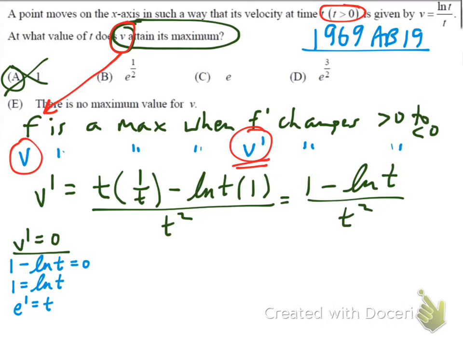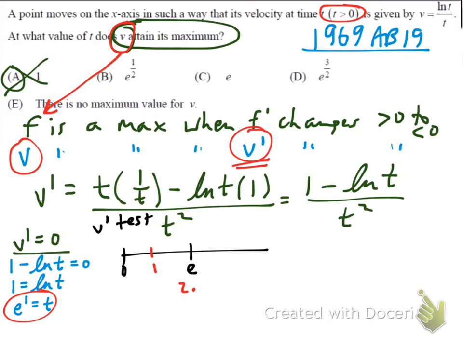All right, so that's our only critical point, but now we need to make sure that that's going to yield a maximum. I'm almost convinced it is, because otherwise we're not going to have a maximum. If we put 0 and e on our v prime test, we're going to take, let's say, 1, which is less than e.